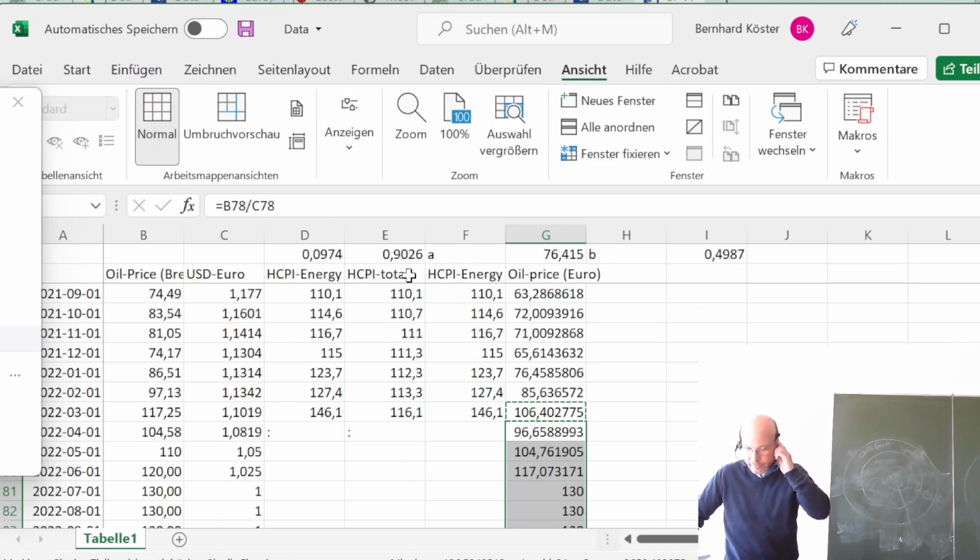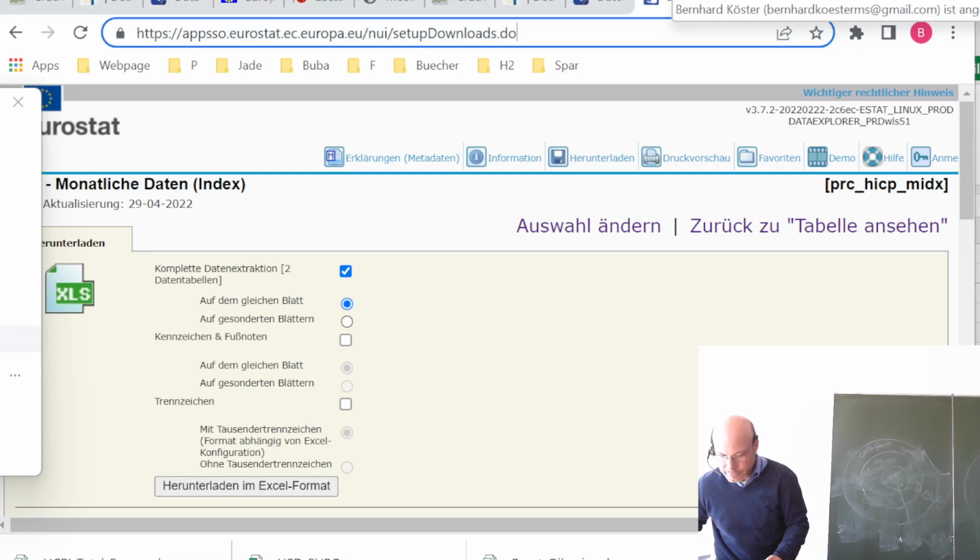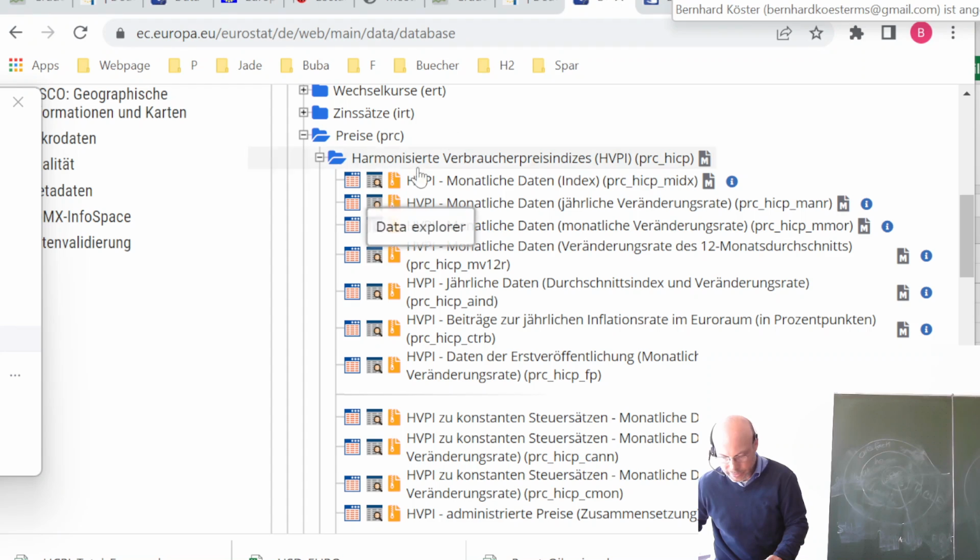oh sorry, here we have the wrong time series because we do not need the HCPI total, but the HCPI without energy. This we have to change. Okay, so let's go back.